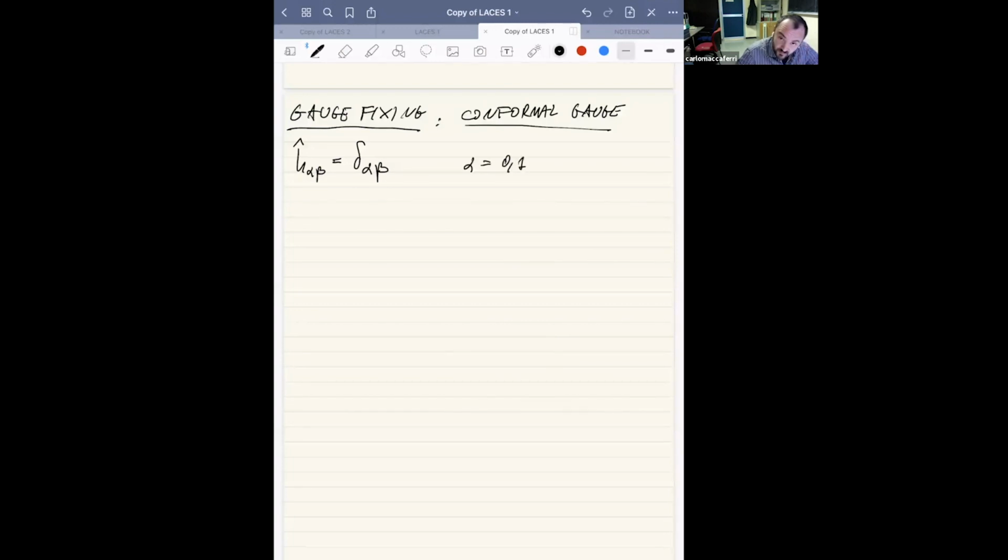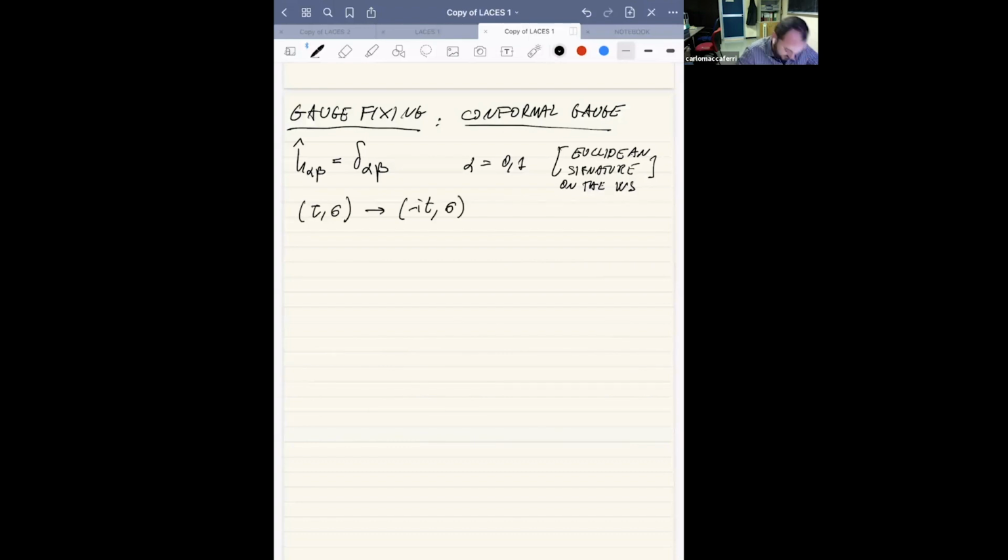Okay, so just one word of warning. In writing this, I have passed to Euclidean signature, as you might have noticed. That means that instead of tau and sigma that I had before, now I have minus i t or i t.